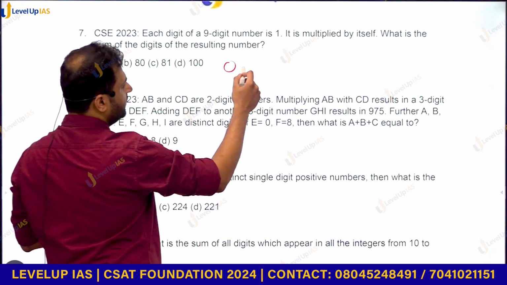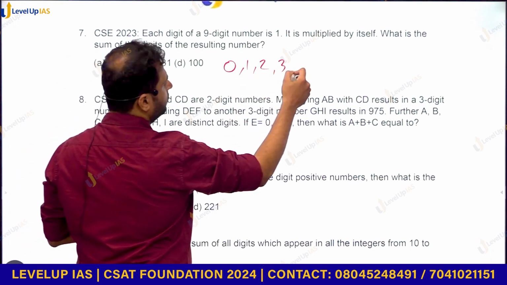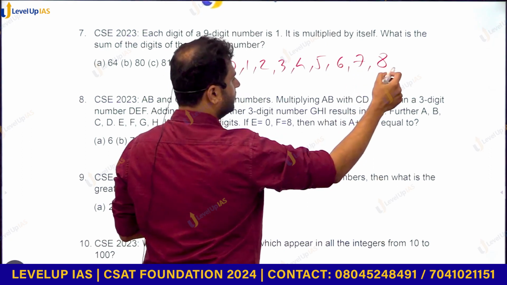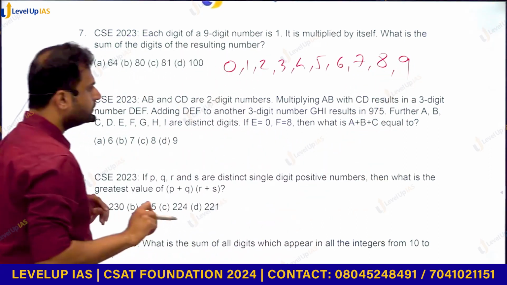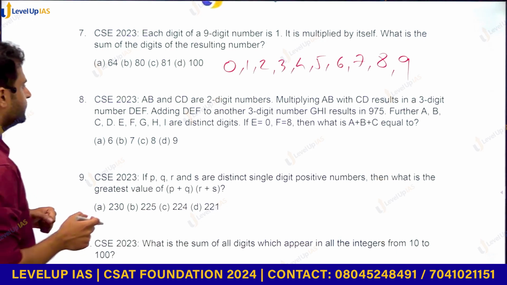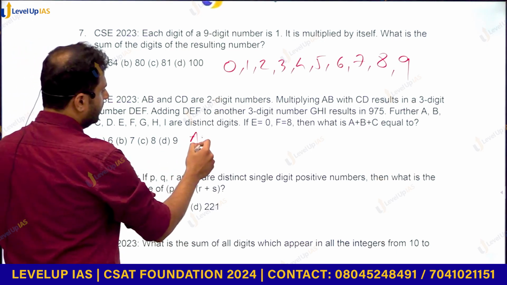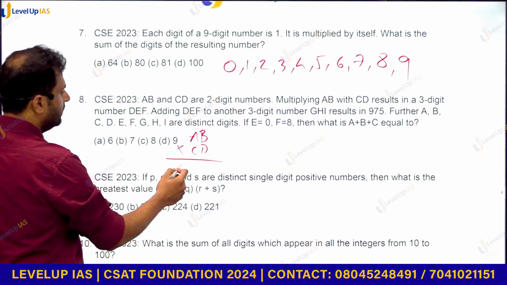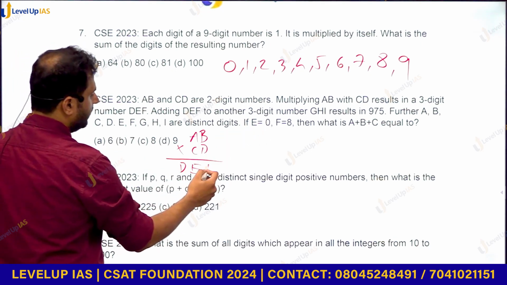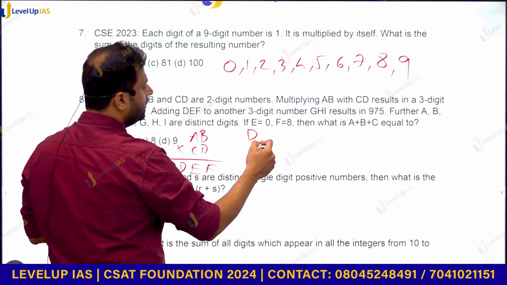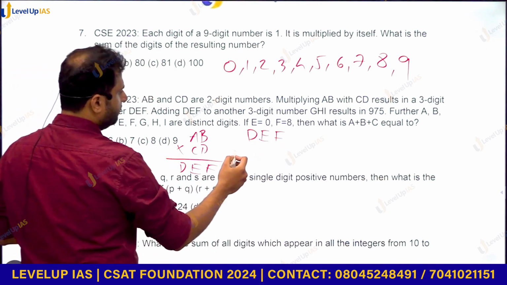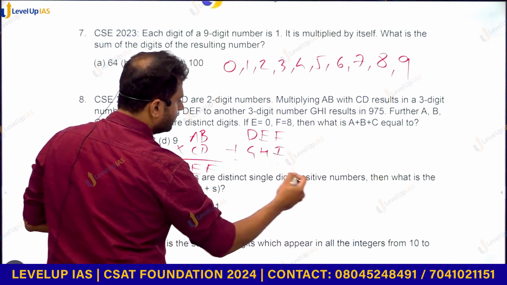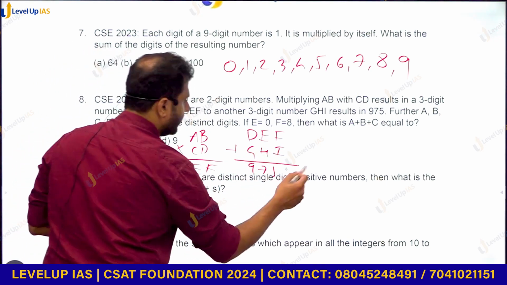Just let us first write the digits 1, 2, 3, 4, 5, 6, 7, 8 and 9. Firstly, AB into CD is some 3-digit number DEF, and also we have DEF plus GHI is 975.